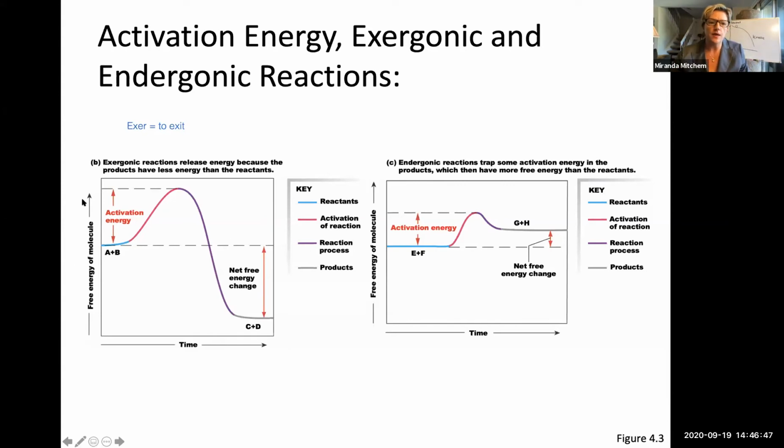Another way of thinking about this is that our reactants have a higher energy than do the products. Let me draw that in a different way on the board, please.